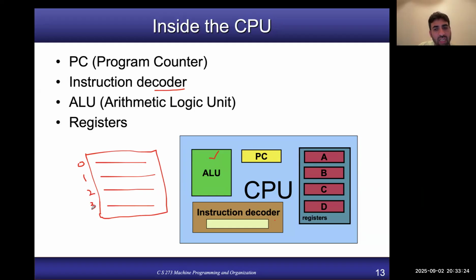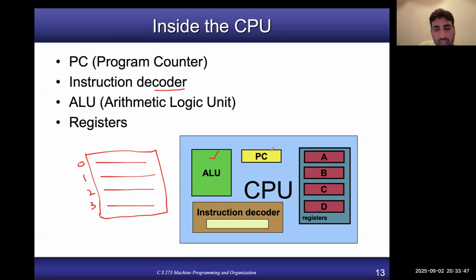So when AVR executes this program, what does it do? It first reads the instruction from the memory at location 0 and executes it. Then it goes to the next location, which is 1, then 2, then 3, and so on. The job of the PC register is to hold the address of the next instruction to be executed.